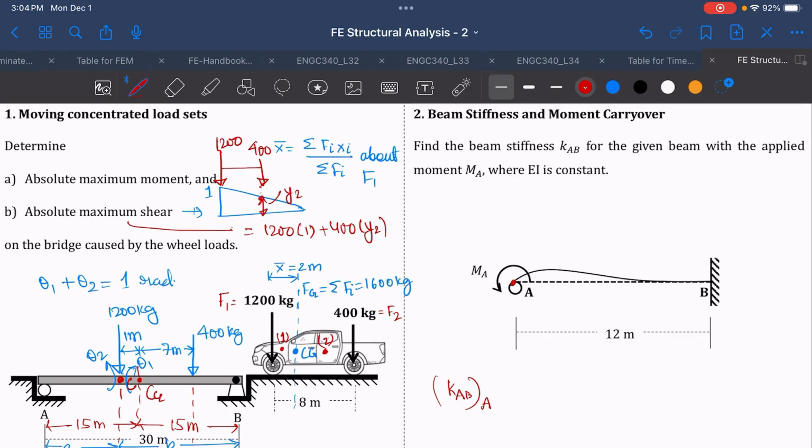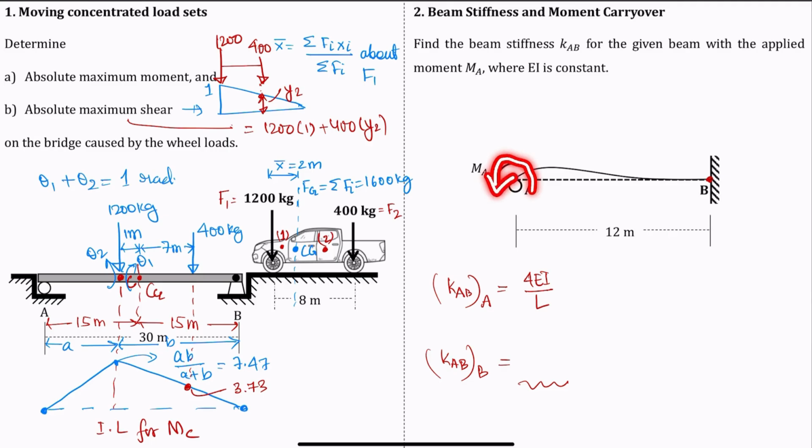One is at joint A and one is at joint B. The stiffness KAB at joint A will be equal to 4EI over L. This is when you apply the moment MA. Then at joint B, applying a moment MA at joint A, how much of this moment will be carried over to the fixed end, MB?